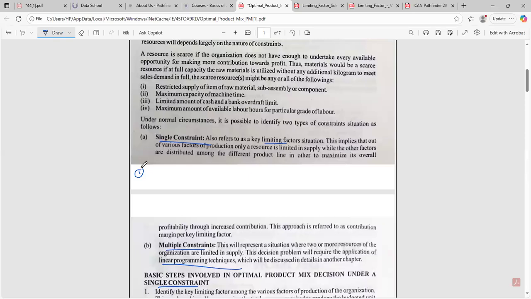Rule number 2, determine the degree of limitation. Now, since you know that labor is the limiting factor in step 1, you also have to determine in step 2 by how much labor is limited. Let me give you an example.